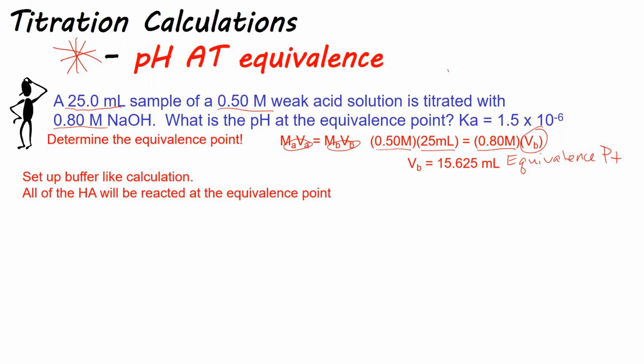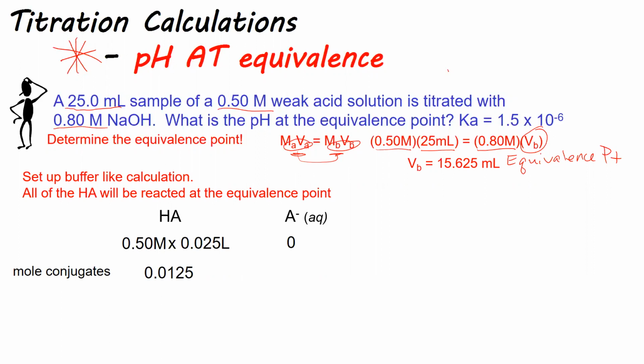All right, so now we're going to set it up like a buffer calculation, and all of the HA is going to be reacted at the equivalence point because my moles of acid is equal to my moles of base at the equivalence point. So this is the fundamental concept of a titration. So I find my moles of my weak acid, which is 0.0125.